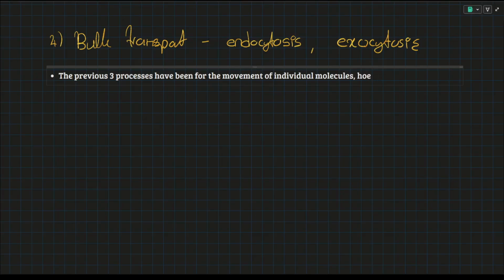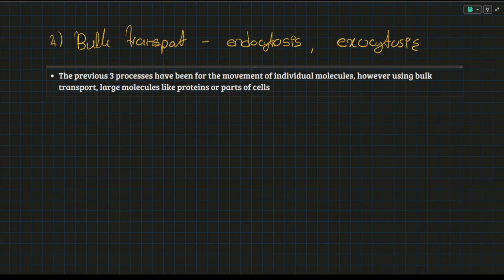Now, if we are using bulk forms of transport, large molecules like proteins or parts of cells can be transported. Okay, we don't have to rely on just individual molecules. We can transport an entire fleet. So then how and why is this so special?